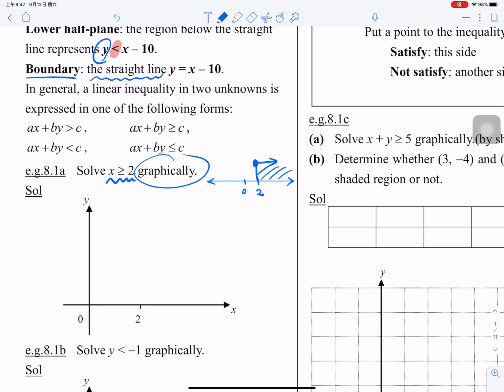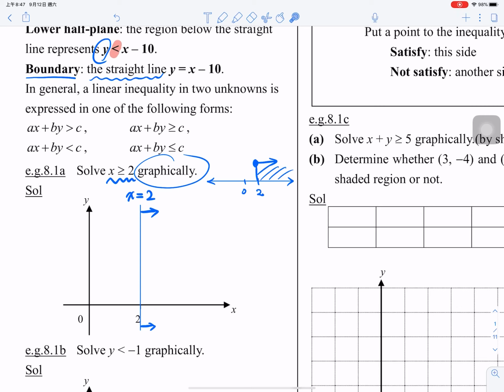Mark x equals 2, then draw a straight line. Remember to use the ruler. Okay, like this. Greater than or equals to, so this one. And remember, after drawing the straight line, write down the label of the straight line. Okay, x equals 2 is the straight line.